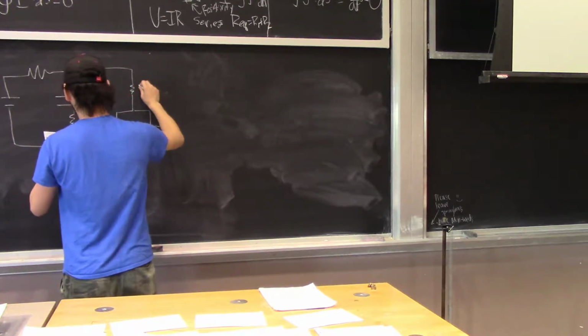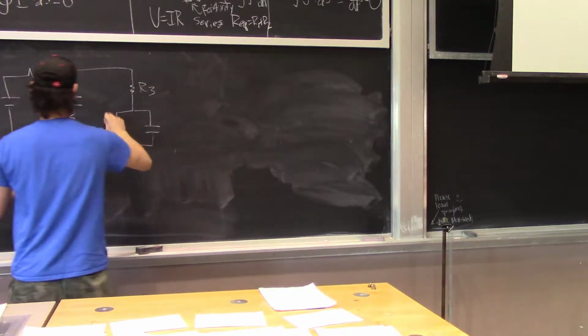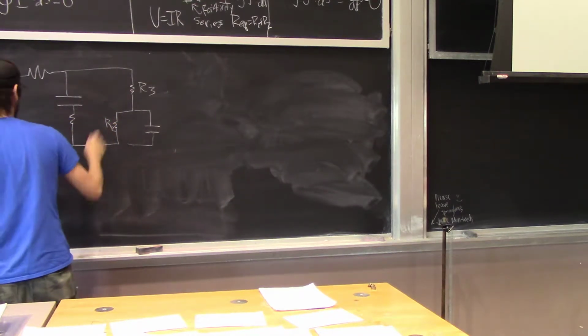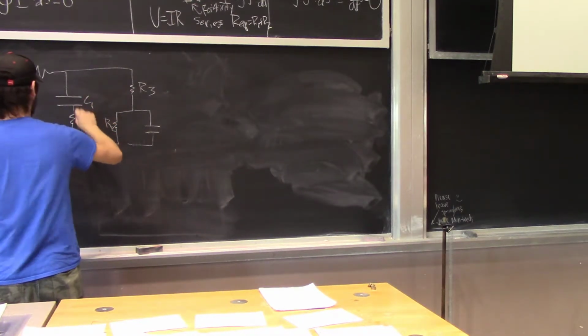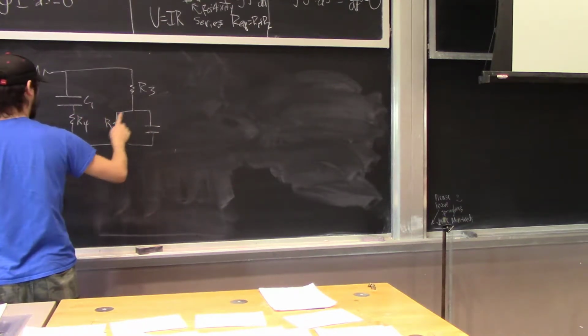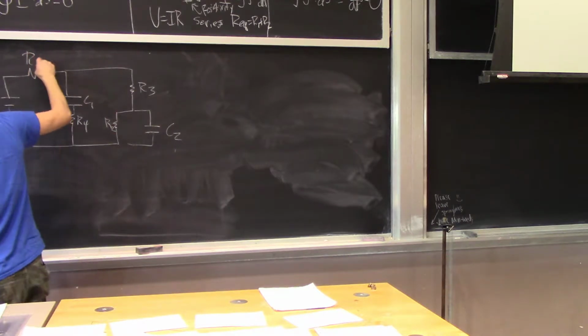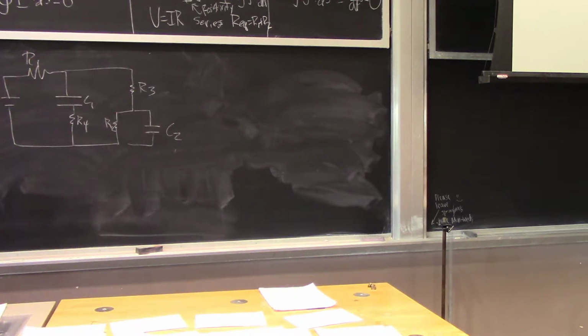I'm going to have you guys talk me through how we want to do this. So once I set everything up, this is our V, this is C1, this is R4, this is R3, this is C2. Okay? R1.